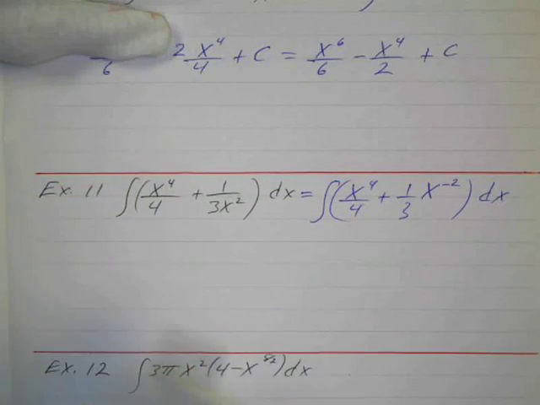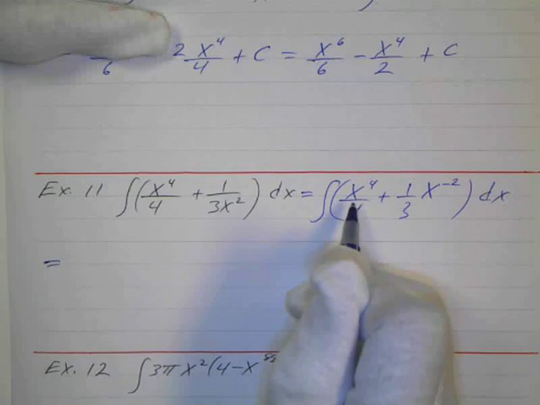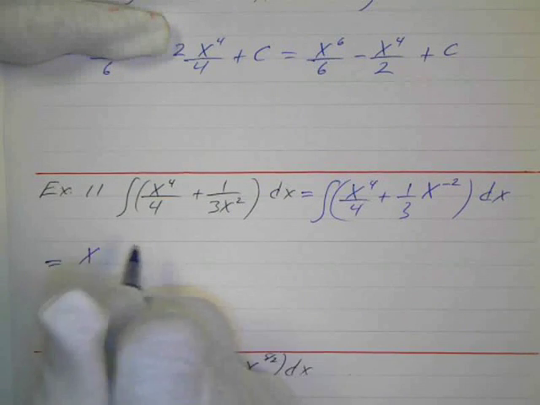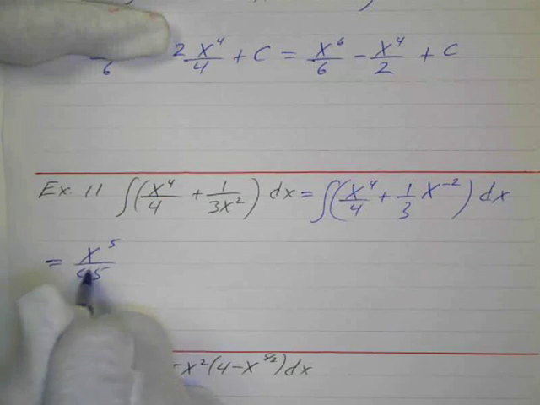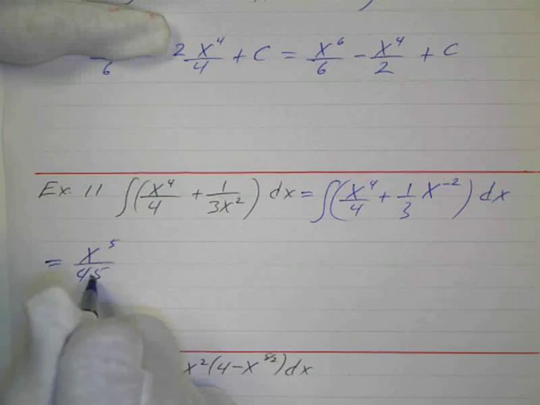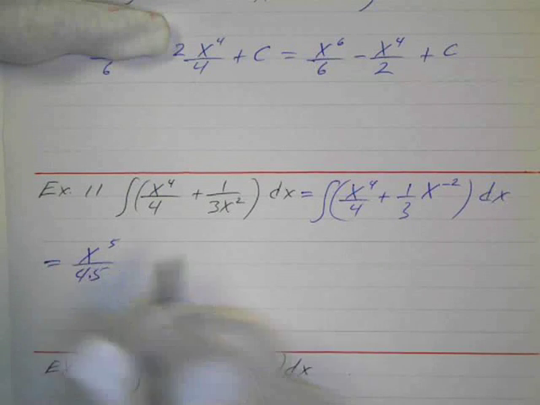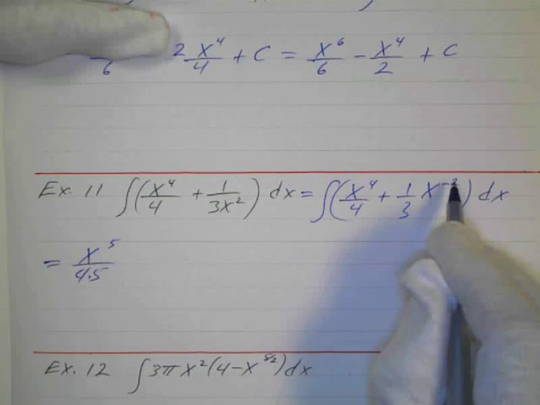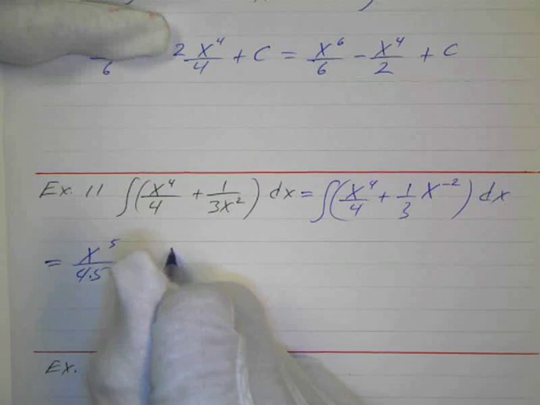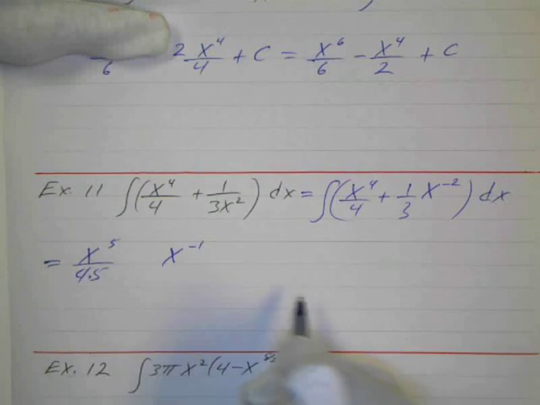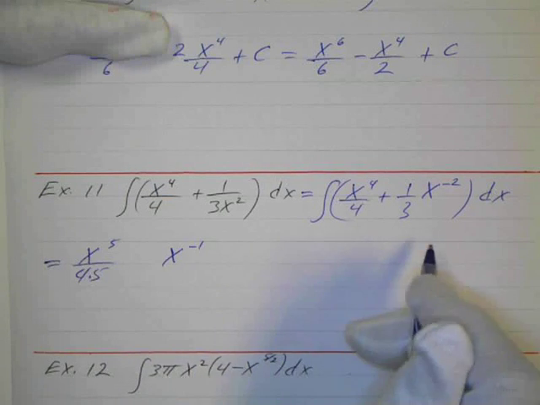dx. That's just going to equal, then we just take our antiderivative, so this would be x to the 5th over 5, and we had a times 4 already, so 4 times 5. And then what we're going to do is we're going to add 1, so this would be x to the negative 1, and divided by negative 1.